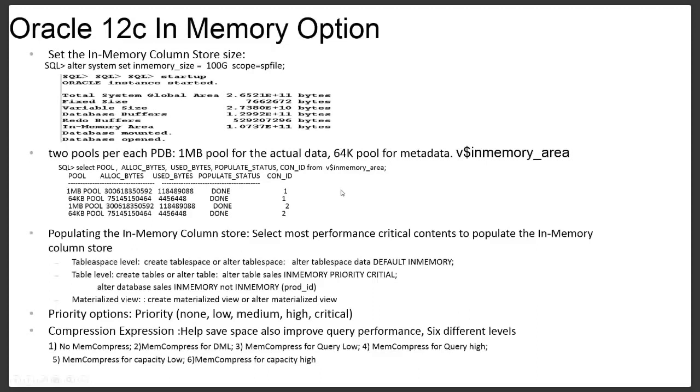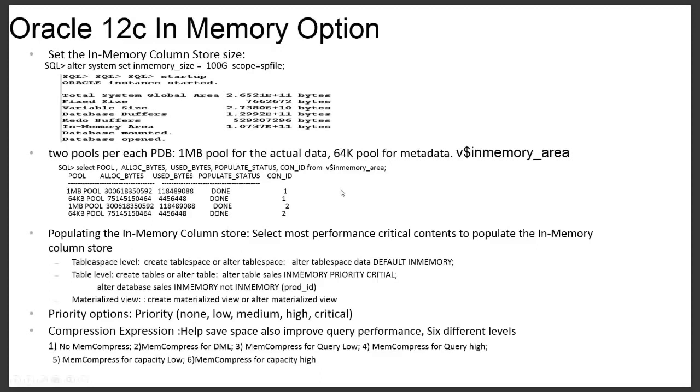The most important thing is that Oracle will automatically recognize this once it sees you have this kind of expression frequently used. You don't have to say anything. You just run this query. Oracle will automatically store this expression data into in-memory.